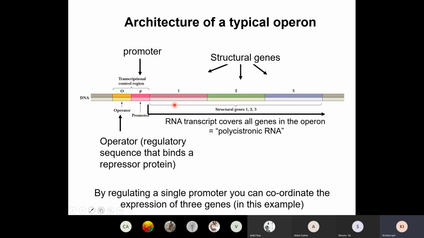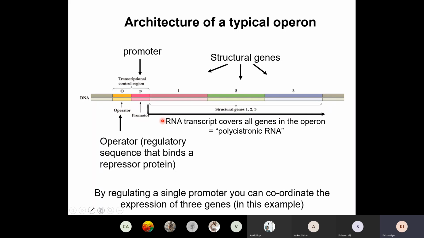So over the years, as we become more and more complex, we have gone away from this type of system. And even if they are there, they are few and far between. But in bacteria, this is very, very common. Many genes are lined up one after the other, and they'll all get expressed, or none of them will get expressed in response to a certain stimulus.